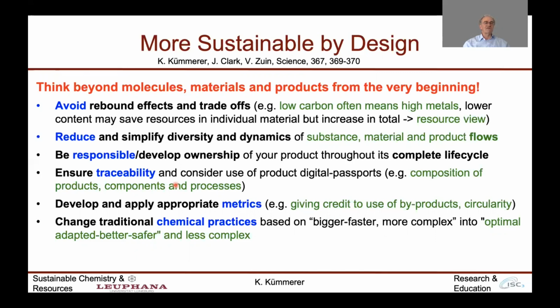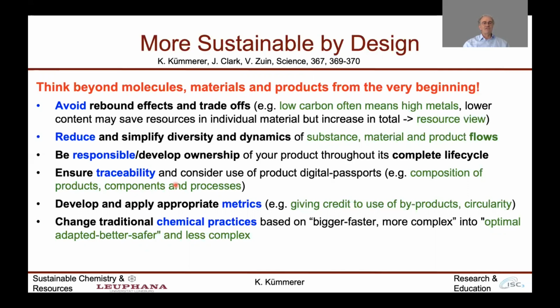And we should also have a broader look in terms of avoiding rebound effects. For example, if we go for low carbon energy, that often means high metals. So maybe nothing is gained or the situation is even worse. As already mentioned, we should reduce and simplify diversity and dynamics of the substance, materials, and product flows on local, regional, and global levels.